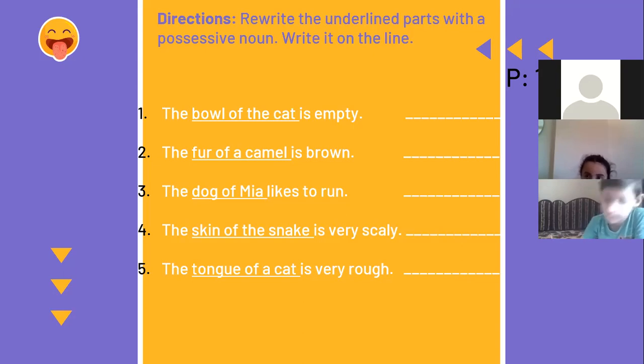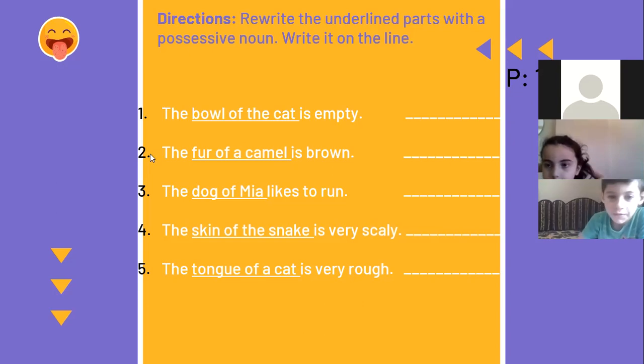The tongue of a cat is very rough. Okay, tongue of a cat. How do I change it to a possessive noun? No, the cat owns the tongue. The tongue of a cat. Cat's tongue. Okay.